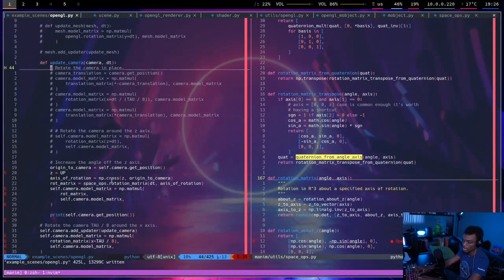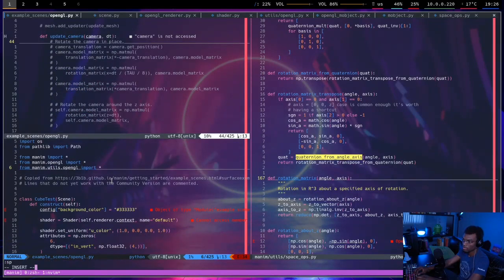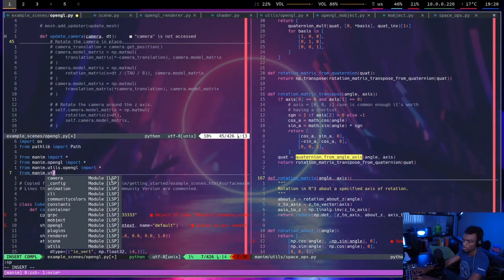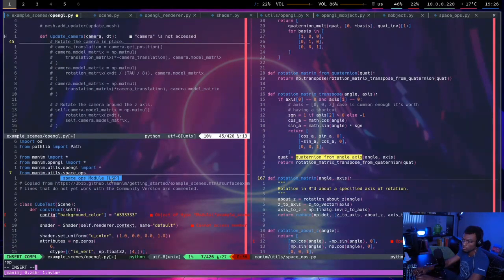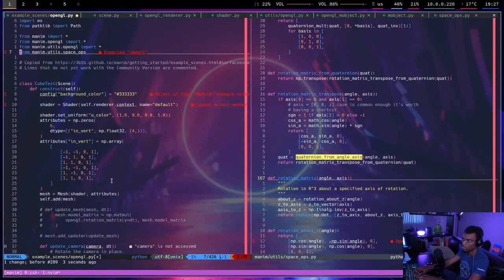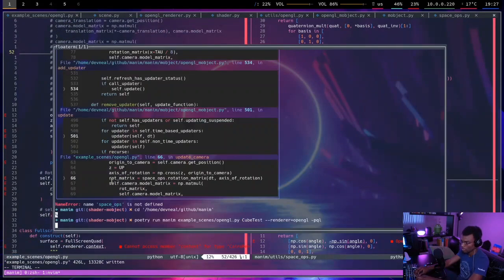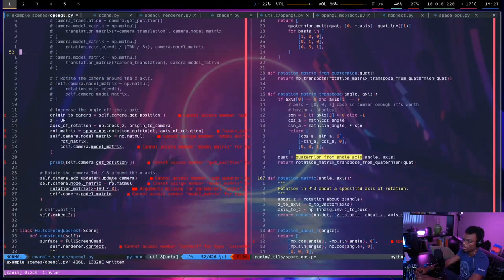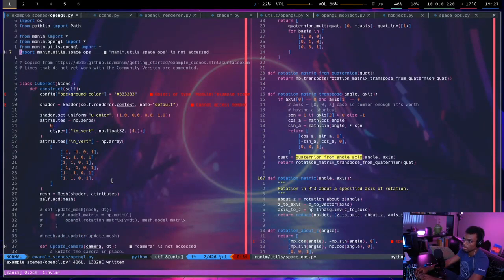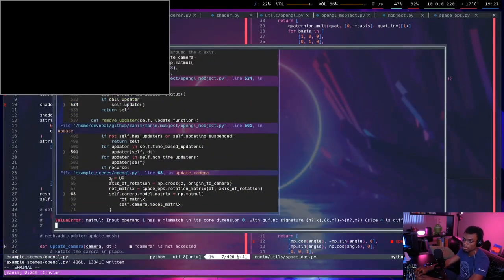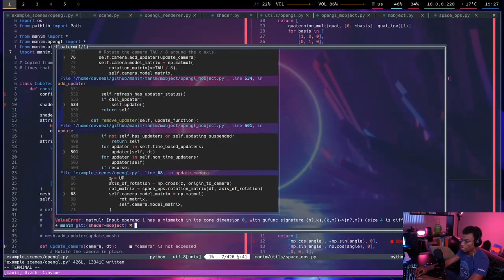And I didn't end up using the time yet, that's fine. I have to import space ops. Okay. It's still not defined. Is this not how you do this? I should probably learn Python one day. Problem with matmul.